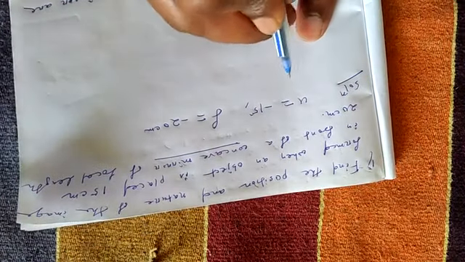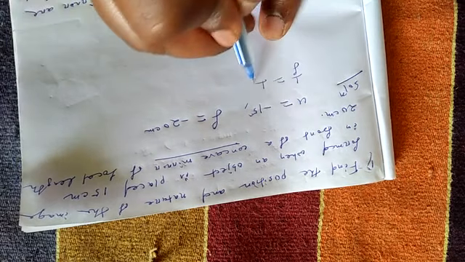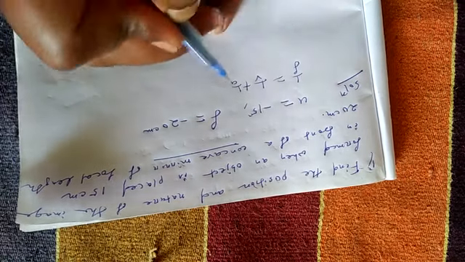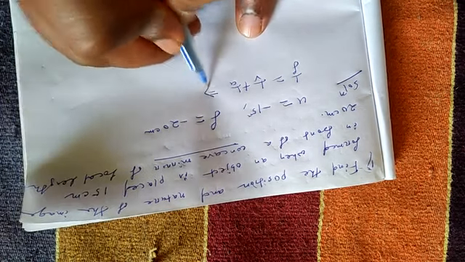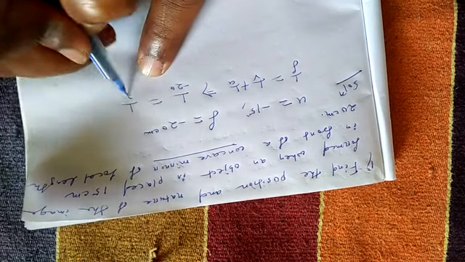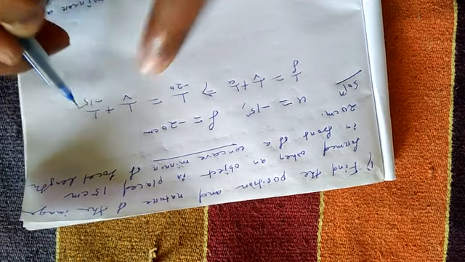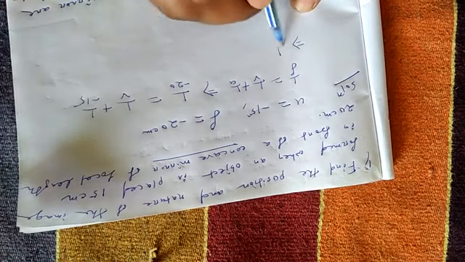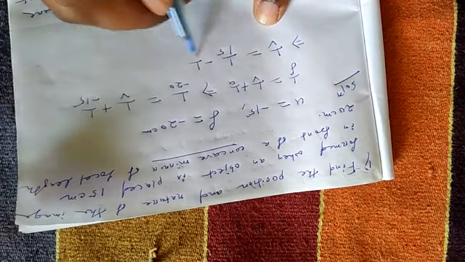Then write the mirror formula: 1 by f is equal to 1 by v plus 1 by u. This implies 1 by minus 20 is equal to 1 by v plus 1 by minus 15. So 1 by v is equal to 1 by 15 minus 1 by 20.